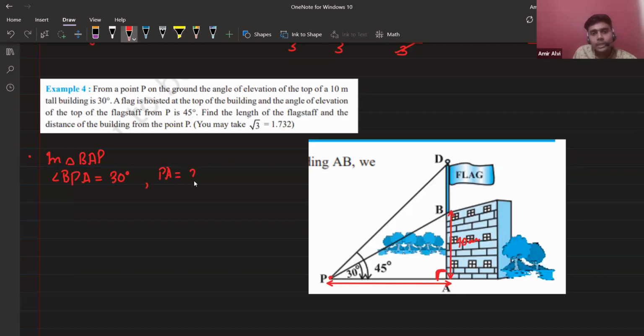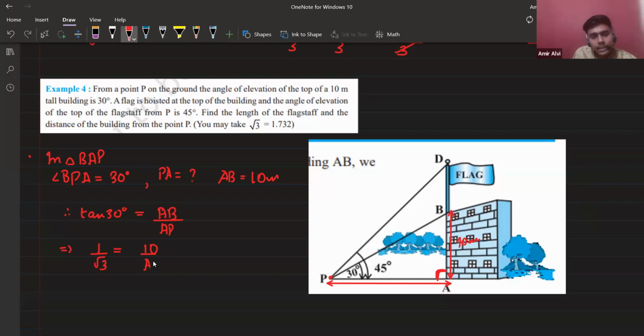We need to find out the value of PA, and AB is given, 10 meter. Which ratio should we take? Tan 30 equals AB by AP. 1 by root 3 equals 10 by AP.